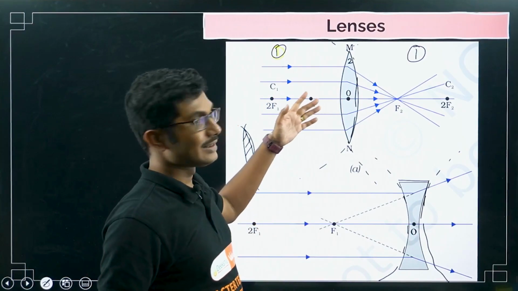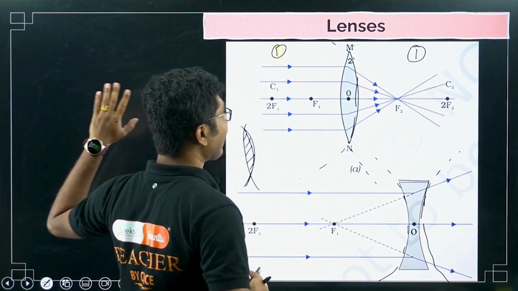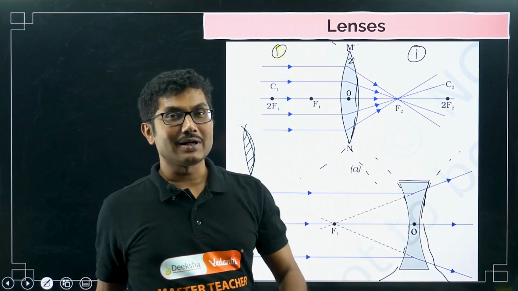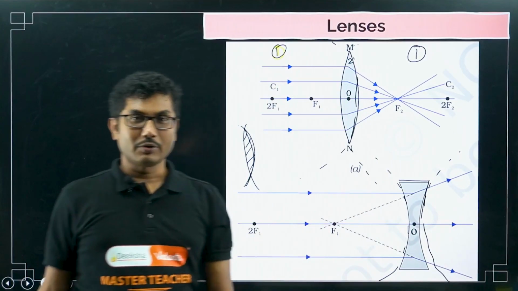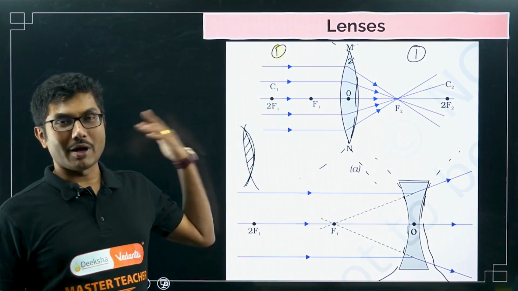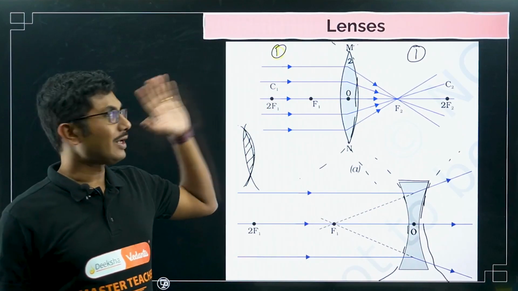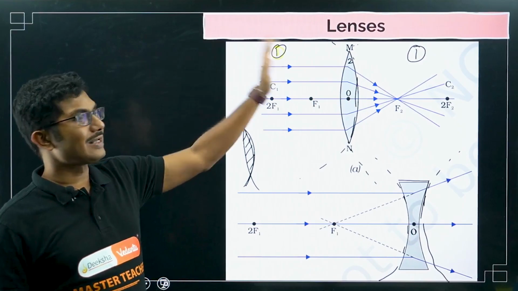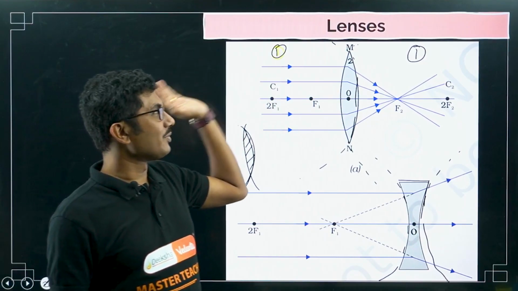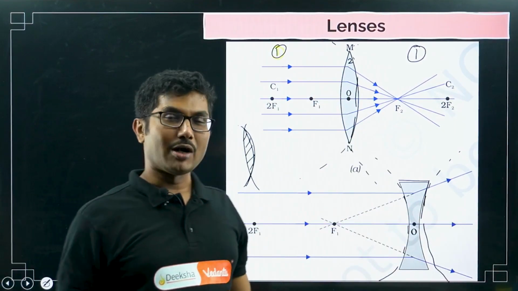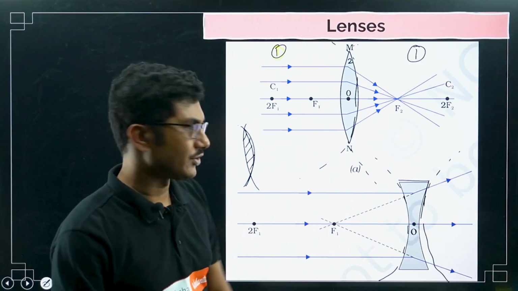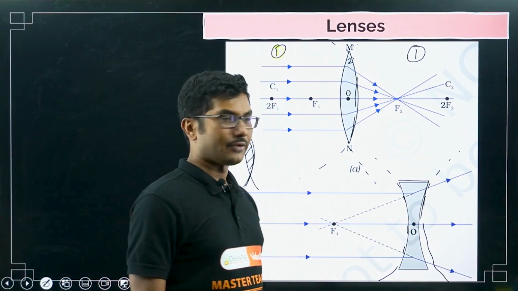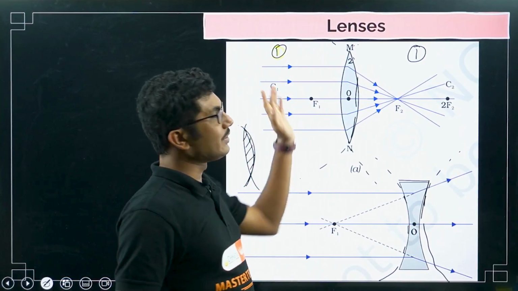Similarly for lenses, after refraction, now everything happens on the other side. Light rays definitely go to the other side. In case of reflection, everything happens on one side only. The light ray goes here, reflects, and comes back. In case of lenses, all the light comes from this side and goes to the other side. How the image will be formed, and where, is a different question, but the light rays will travel to the other side.